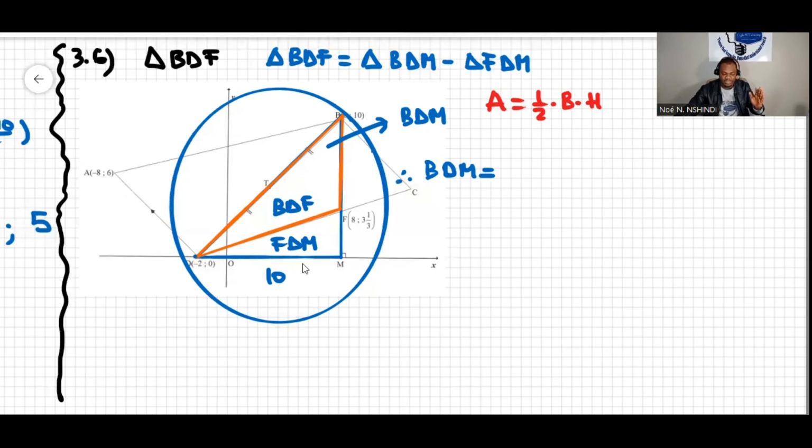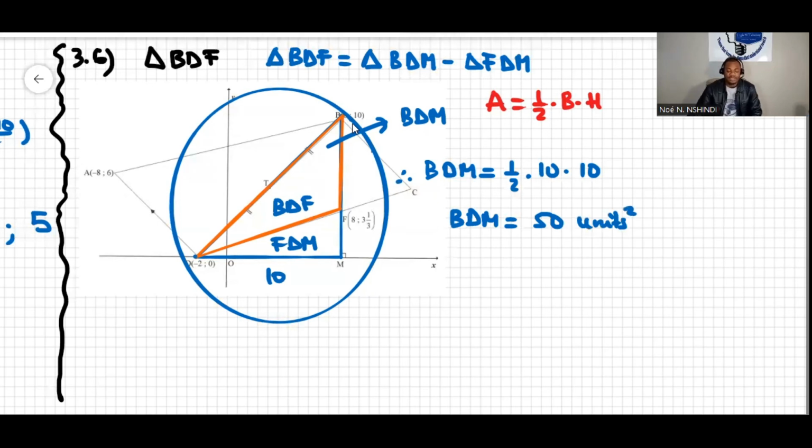So 2 plus 8 makes 10 units. And on the vertical also, it's 10 units, because you can just look at the y value. So we have a half times 10 times 10, and BDM will be equal to 50 square units, or units squared.